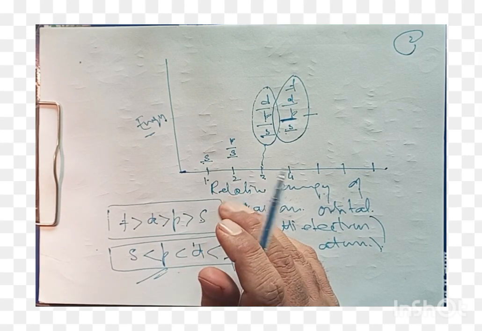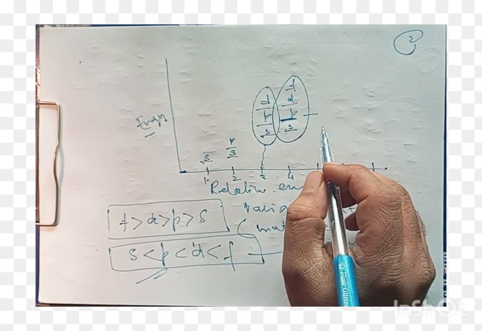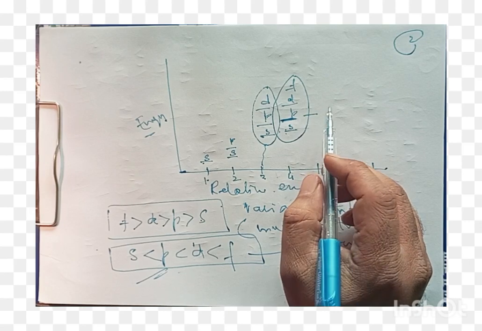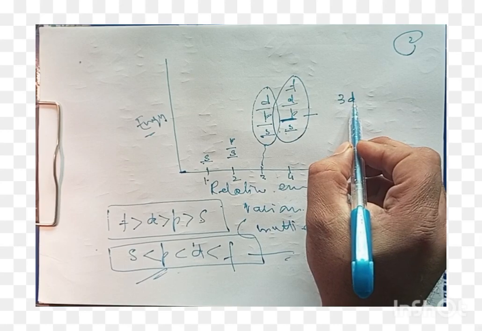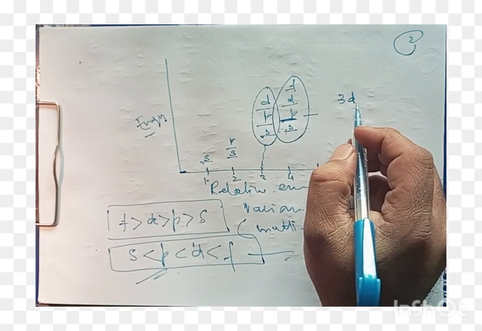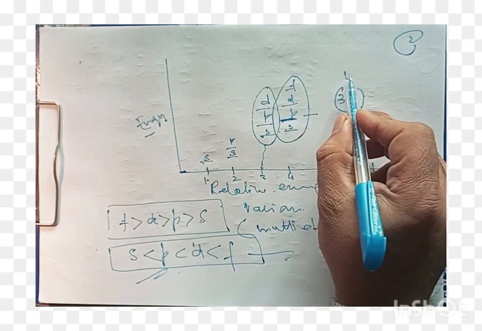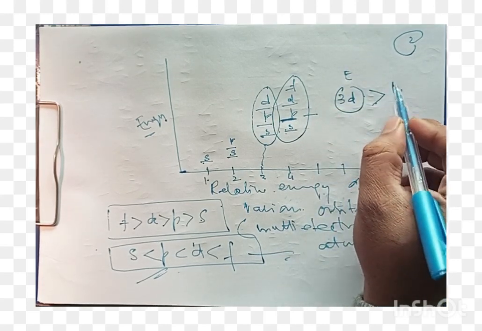And for that, if I take a simple example, in the case of multi-electron atoms, suppose we have a 3d orbital, and its energy is higher than that of the 4s orbital.